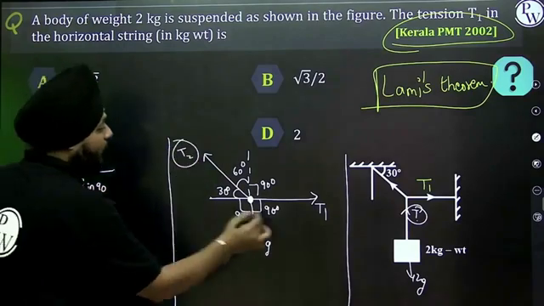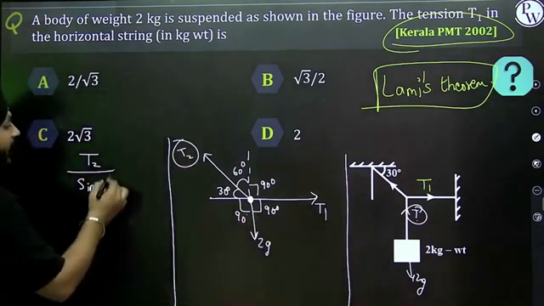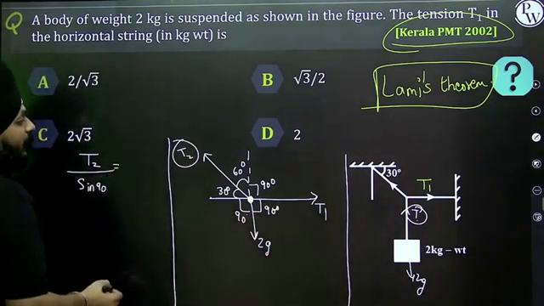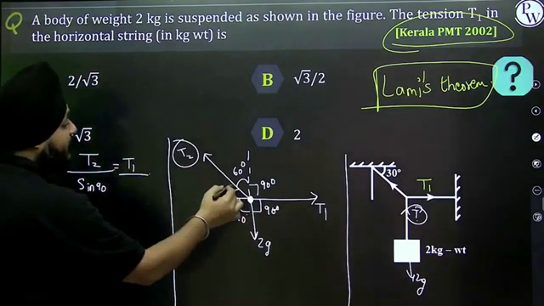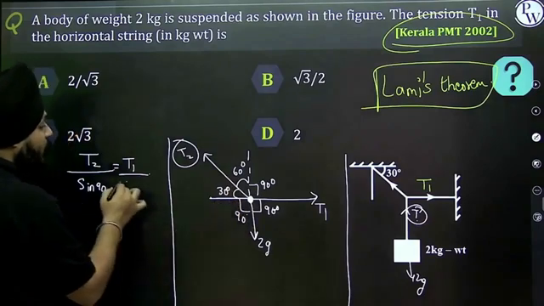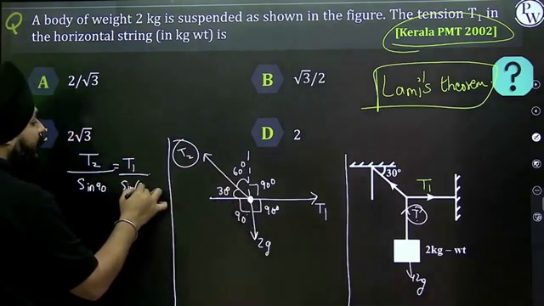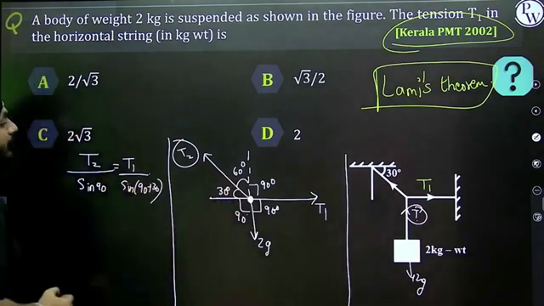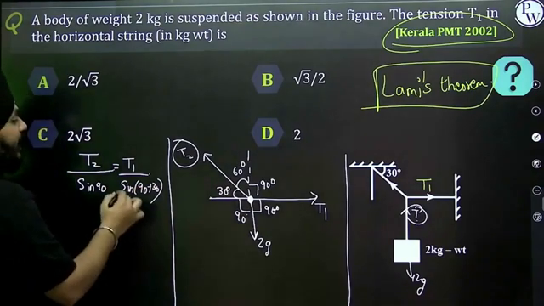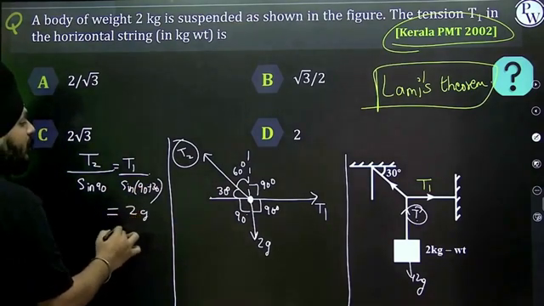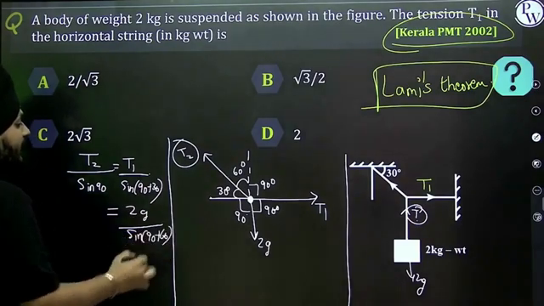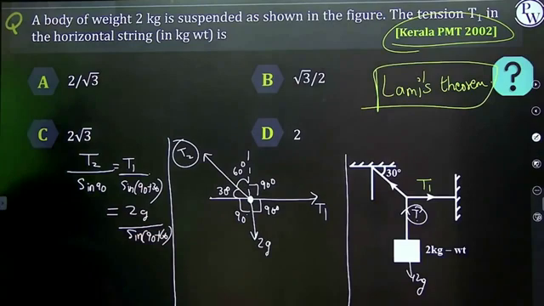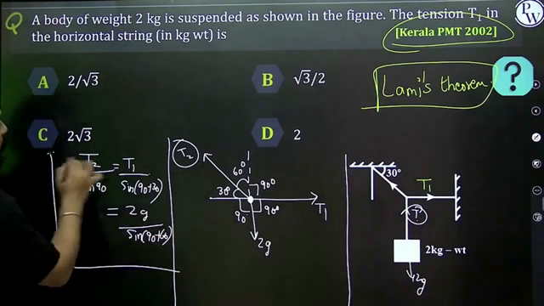If I am talking about T1, the angle between the rest of the two is sine of 90 plus 30. And if I am writing 2G, then the angle between them is sine of 90 plus 60. So this is what Lami's theorem is all about.